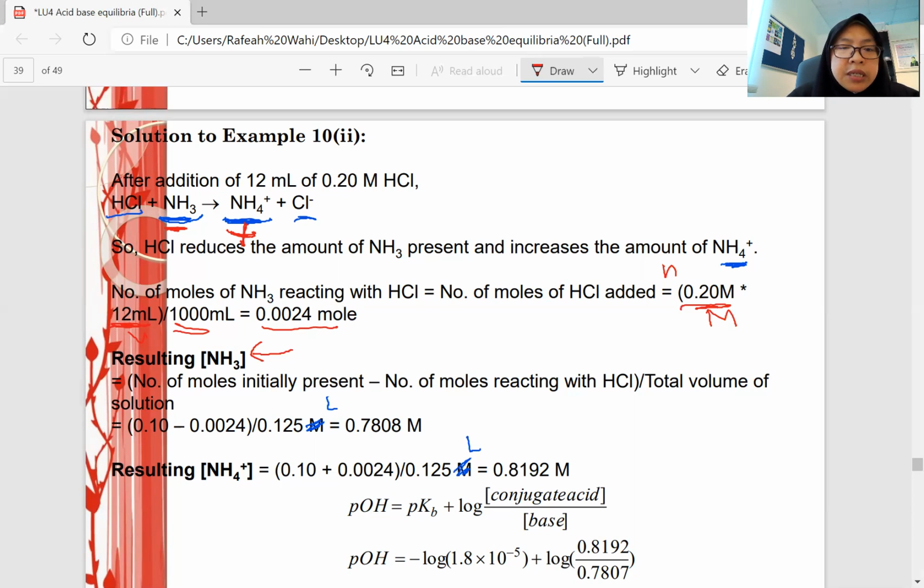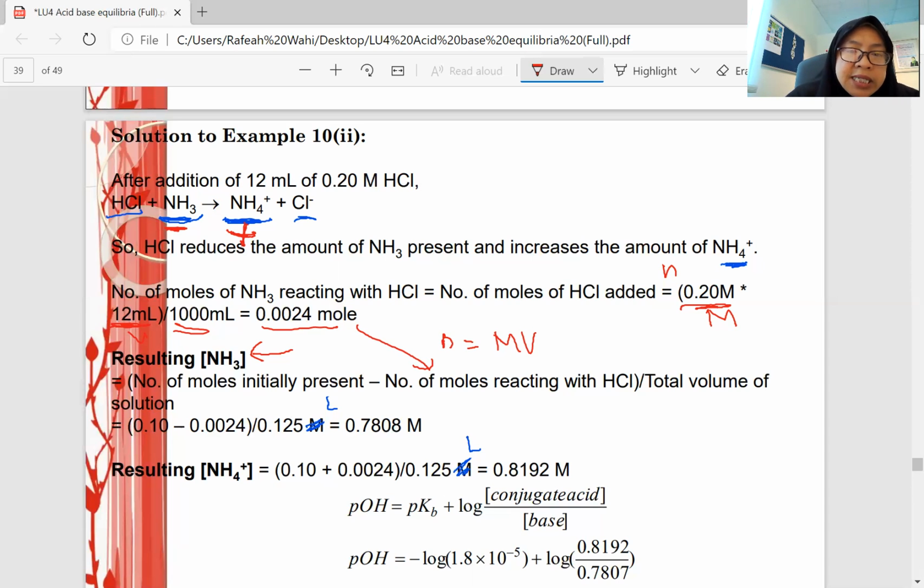How to calculate this? You go back to the expression N equals MV. You calculate the number of moles of NH3 by subtracting the number of moles initially present minus the number of moles reacting with hydrochloric acid, which you calculated just now, 0.0024 mole, divided by the total volume of the solution.